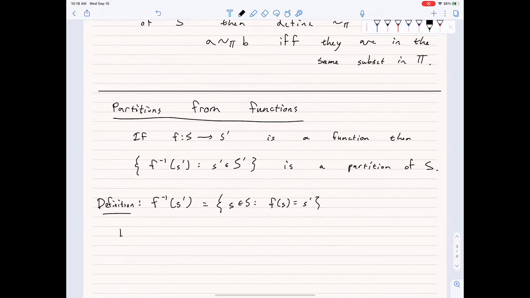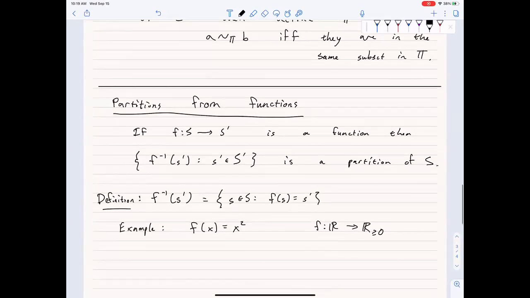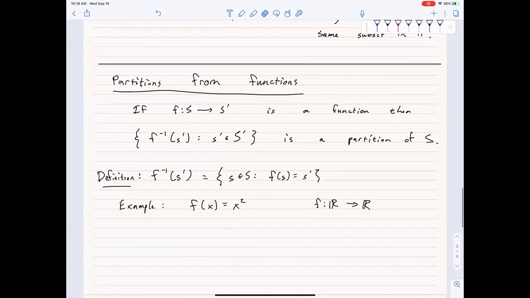So for example, let's take f of x equals x squared, something very familiar. This is a function from reals to reals.